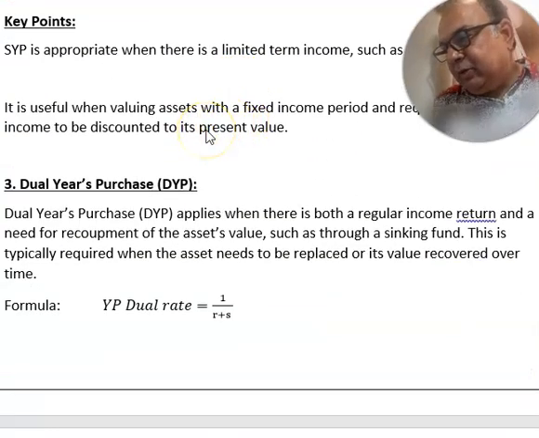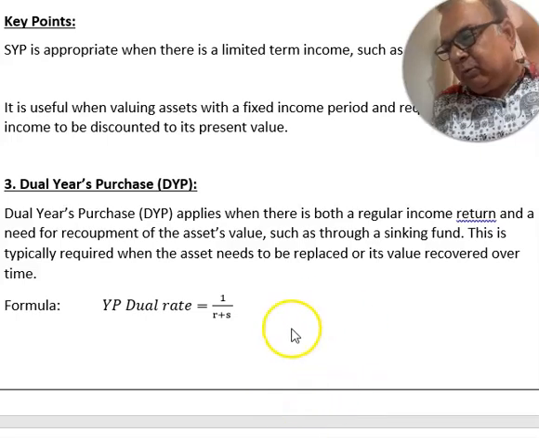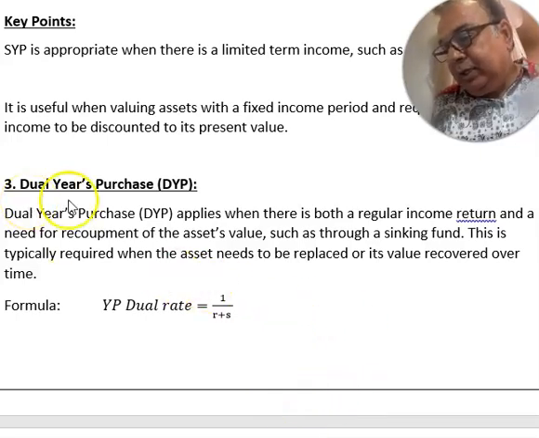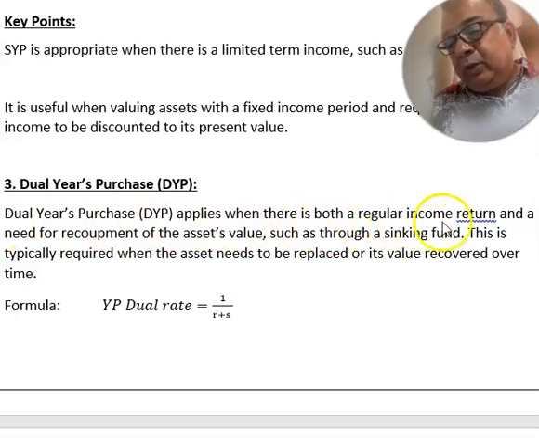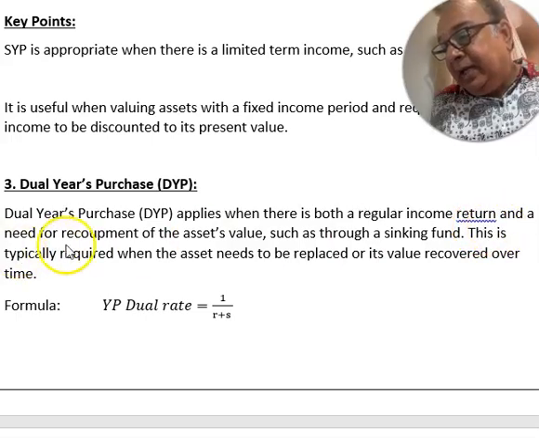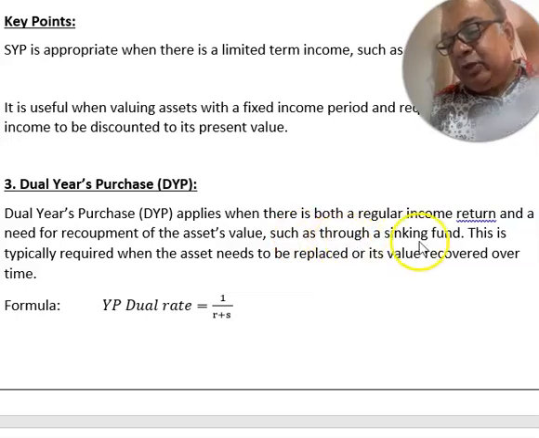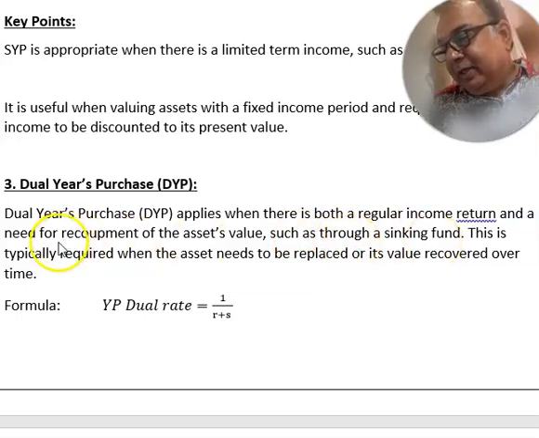Third and last formula of year purchase, and this is the last formula also, key value formula: dual rate year purchase. Dual year purchase applies when there is both a regular income return and a need for recoupment of asset value, such as through a sinking fund. This is typically required when an asset needs to be replaced or value recovered over time.